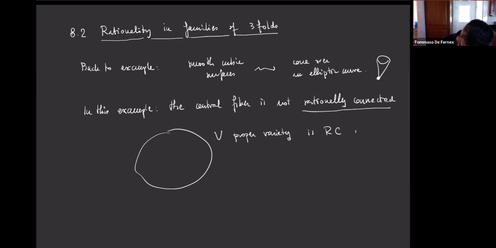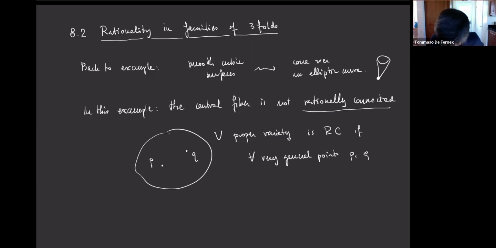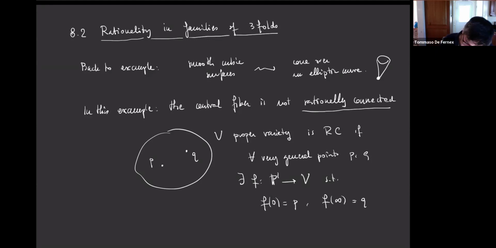Suppose that I have V, some proper or projective variety. It means that for every two very general points P and Q, where very general just means that they're chosen away from countably many closed conditions, so if you like, look at the symmetric square of V, take a countable union of proper closed subsets, and pick P and Q away from this locus, there exists a map F from P1 to V such that F of 0 is equal to P, and F of infinity is equal to Q. So I can join them by some rational curve.